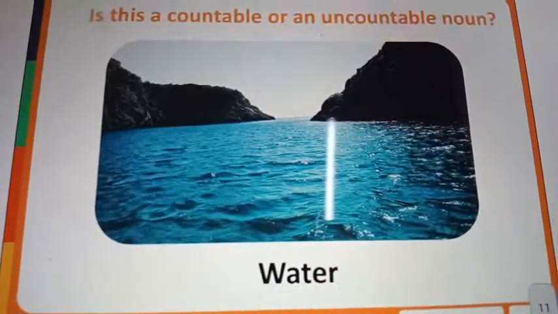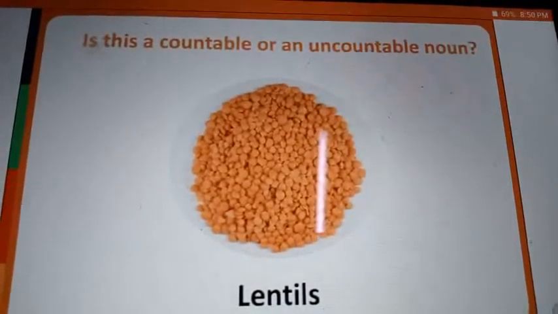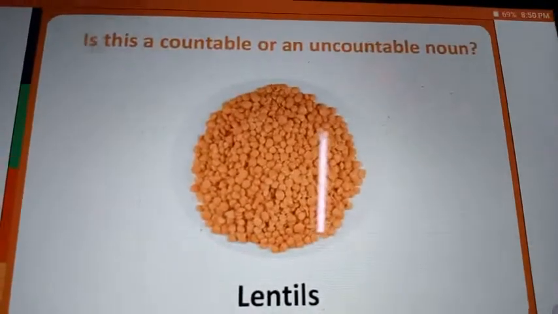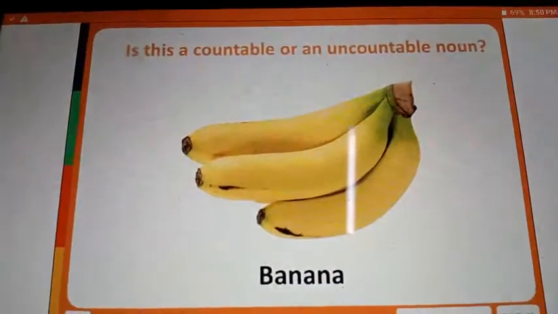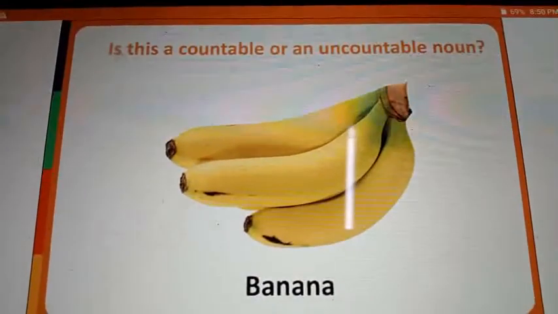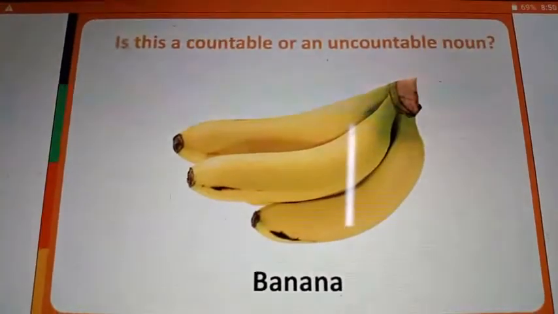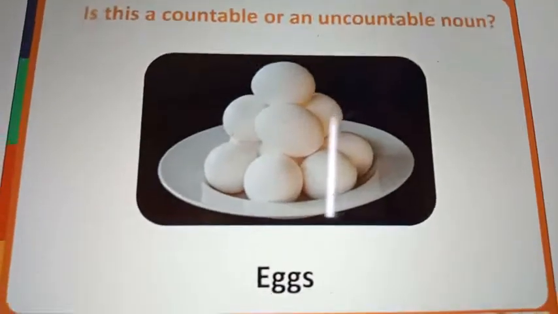Yes, this is an uncountable noun. Lentils. Is this countable or uncountable? Yes, very good. Banana. Is banana countable or uncountable? Yes, very good, my dear children. Countable. Eggs. Is this countable or uncountable?